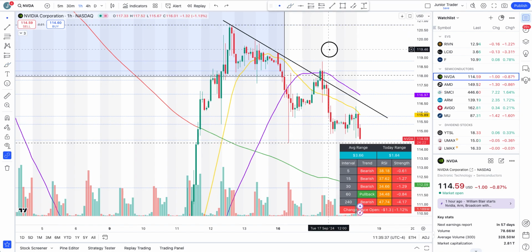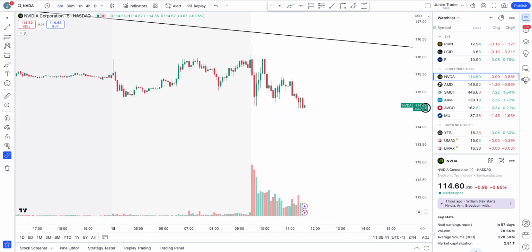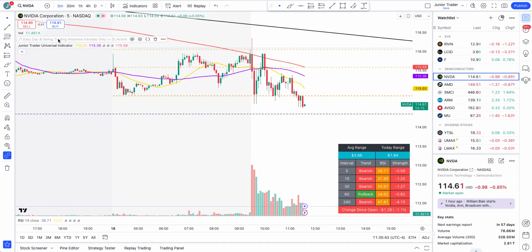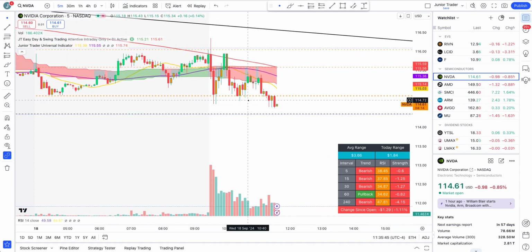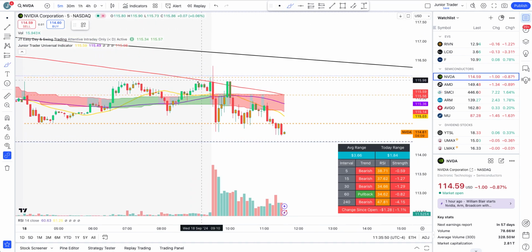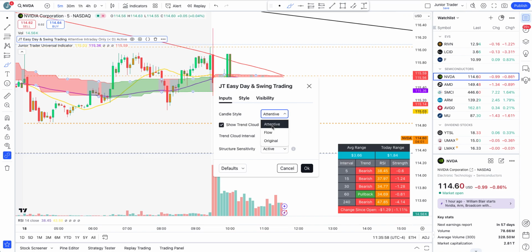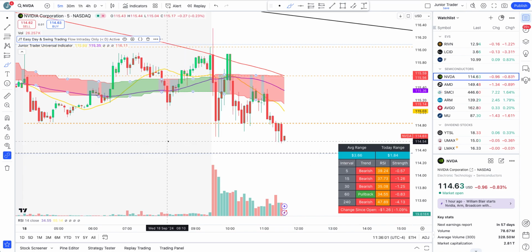And also on the intraday side, for the most part, there was a bearish structure also, and I'm going to turn on my tool. And you can see we are below the cloud. We did try to retest the supply zones, but eventually sold off.